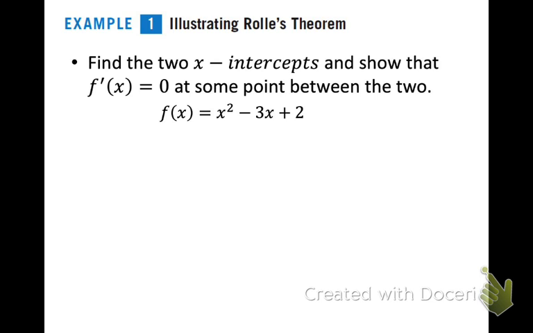Set it equal to 0 and solve or factor, right? Okay, factors of 2 that add to 3. So x minus 2 and x minus 1. So your x-intercepts are at 1 and 2.